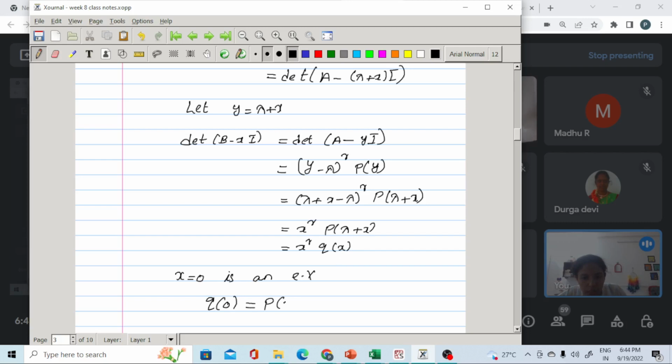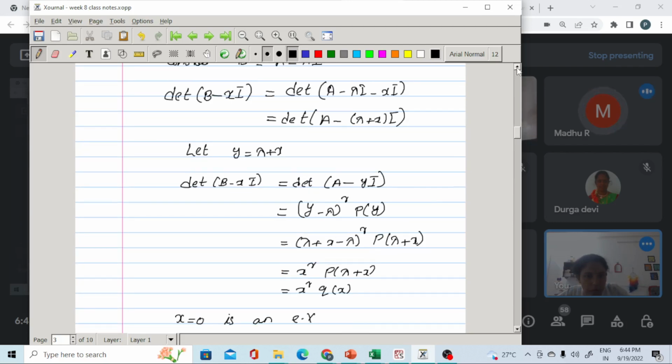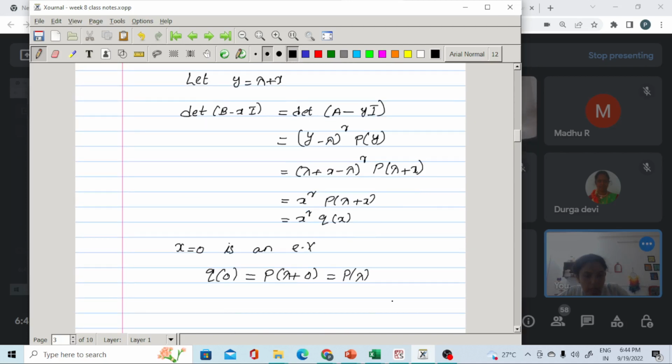What is q of 0? Q of 0 means p of lambda plus 0, which is p of lambda. Is this 0 or non-zero? We already saw that it is non-zero, because lambda is an eigenvalue of A of order r.